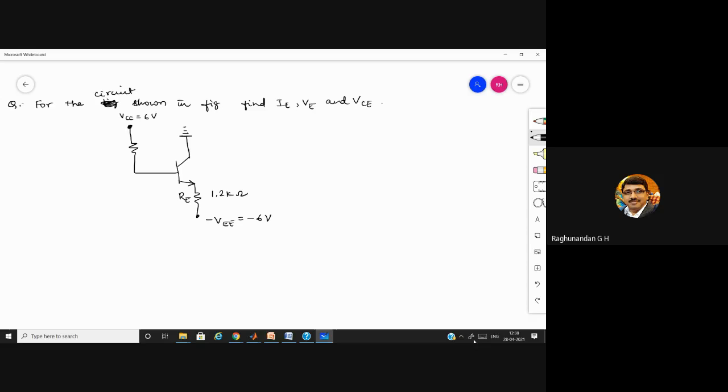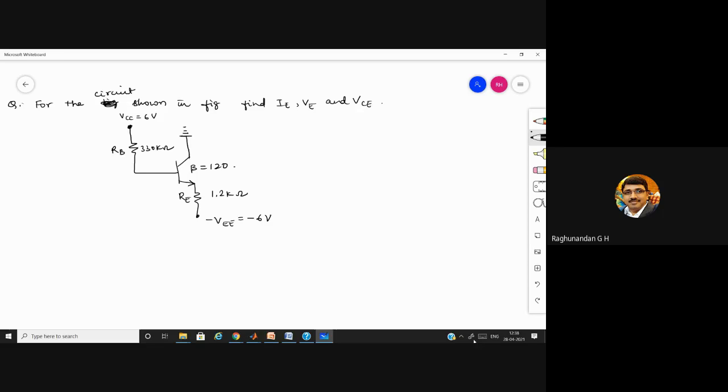Only RB is connected, the collector is not connected, and there is no collector resistance at all in this case. And beta is equal to 120. So VCC is here, not here.